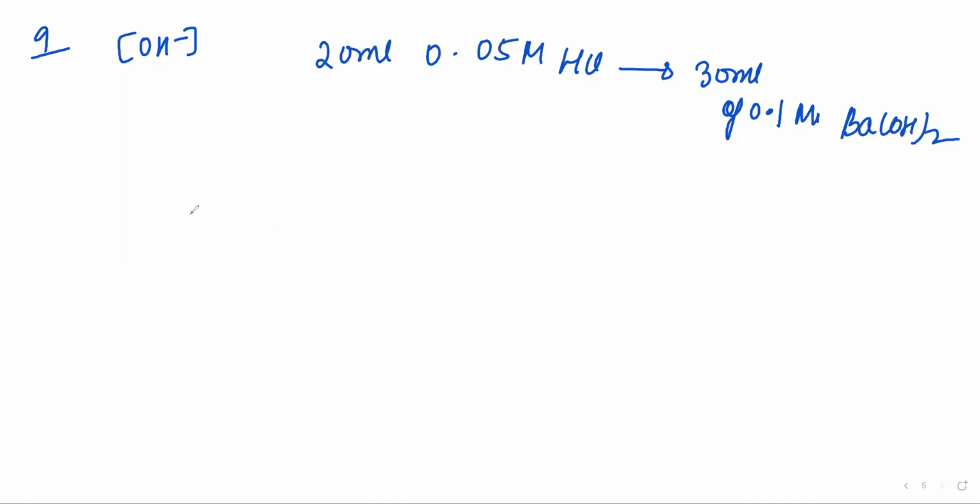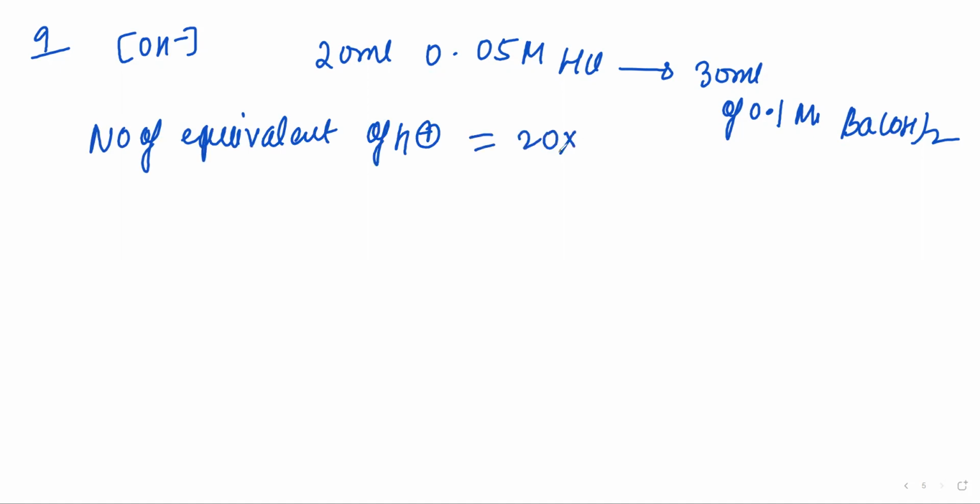So let's see. The number of equivalents of H plus is equal to 20 × 0.05, right? So it is nothing but concentration times volume.